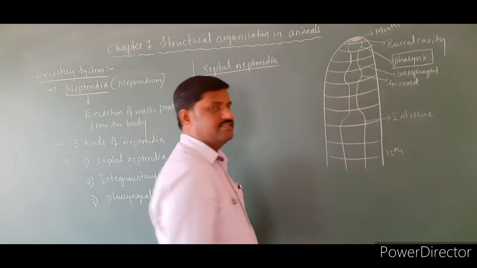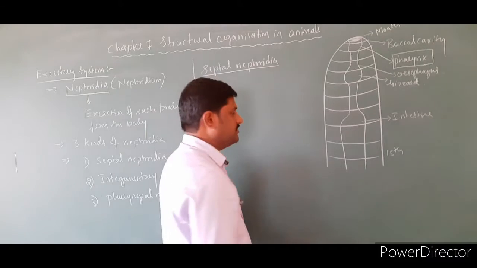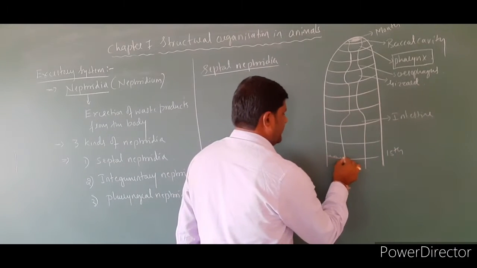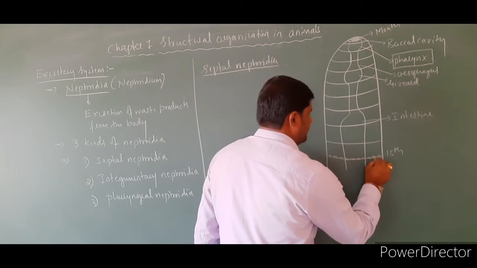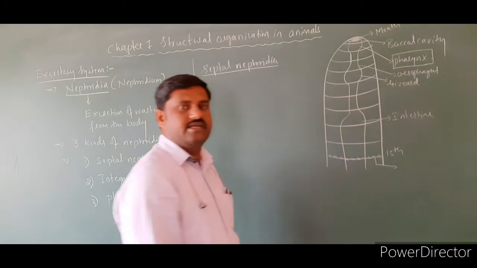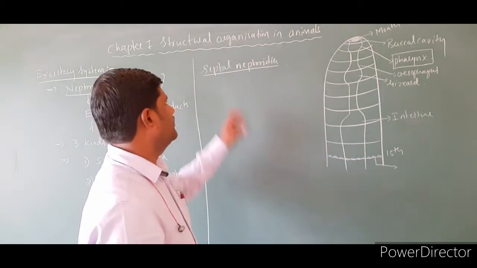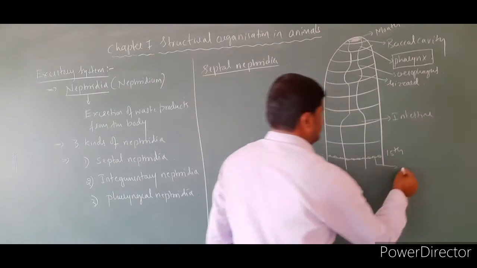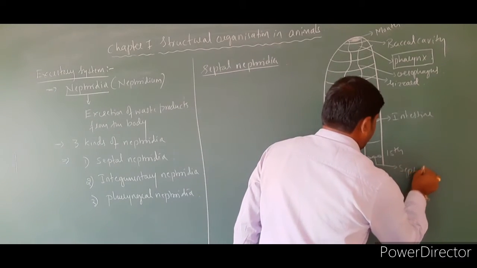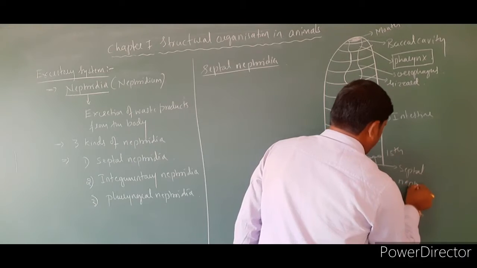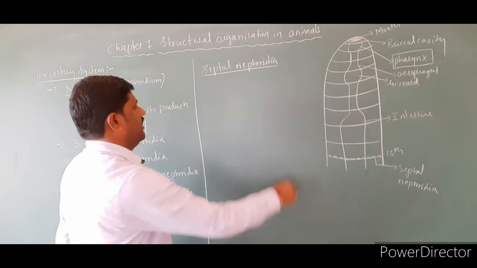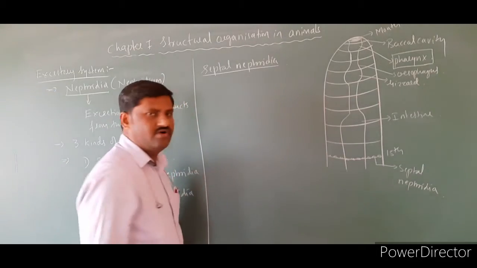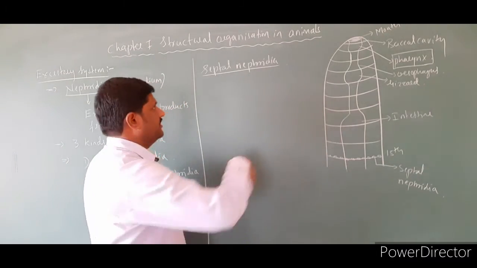From the 15th segment up to the last segment, there are some nephridia present on the septal wall of each segment, and those are segmental or septal nephridia. What are they called? Septal nephridia. Septal nephridia are present on the septal wall of each segment, right?